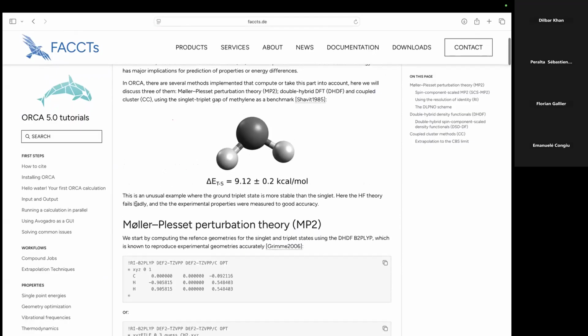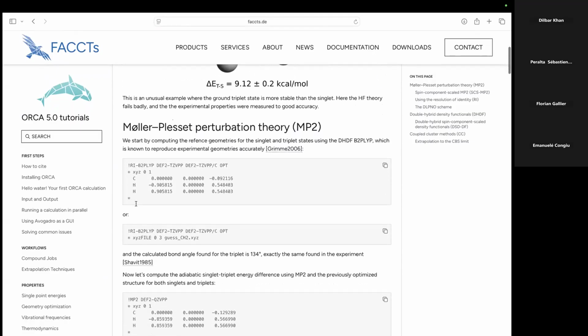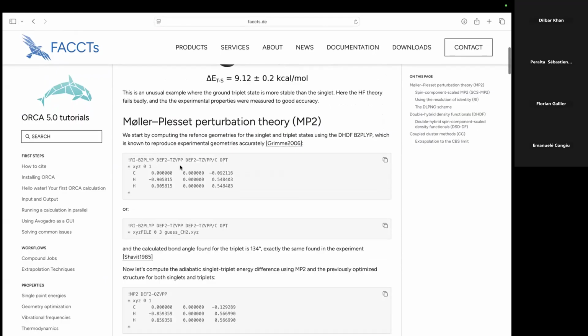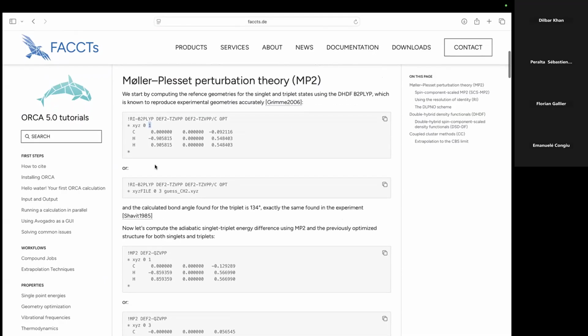So here you see, you optimize the structure using the MP2 method, and these are the basis sets, and this is the optimization of the singlet state. When you change the multiplicity to 3 here, you can simply optimize the triplet state.